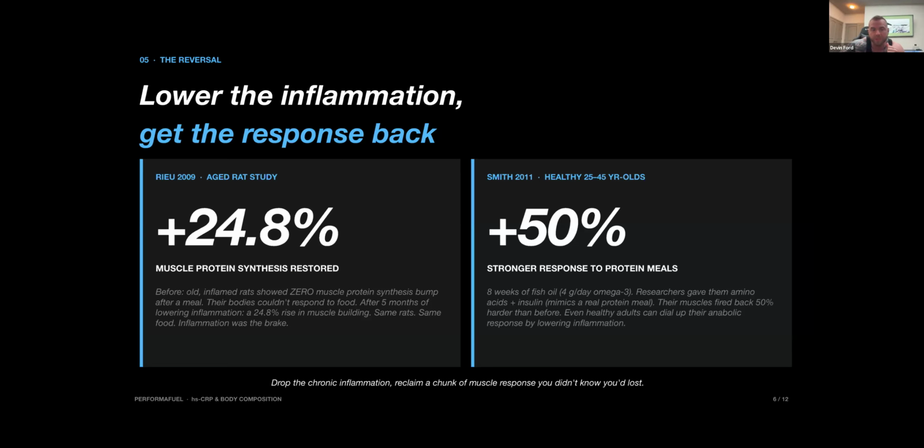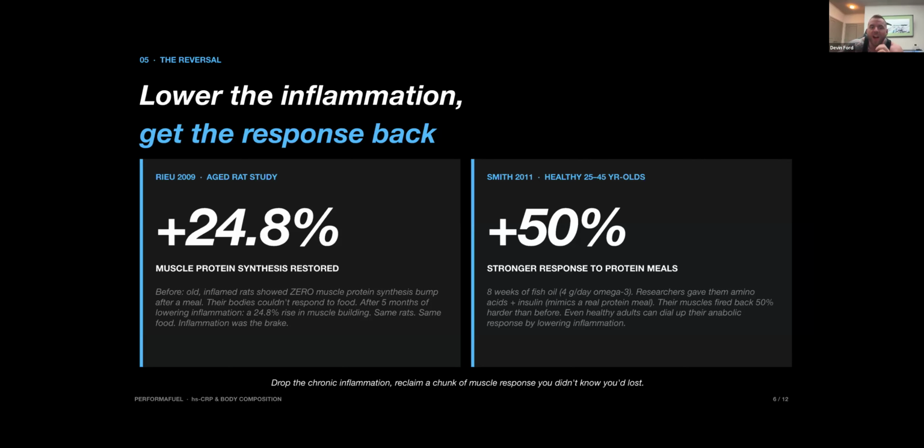So the rats were inflamed, CRP was high. They would have them train, do their gym rat routine, and then they would eat a meal and measure the muscle protein synthesis response after that meal. There was zero response. So the rats are getting a pump, they do their workout, they eat their food, no increase of muscle.